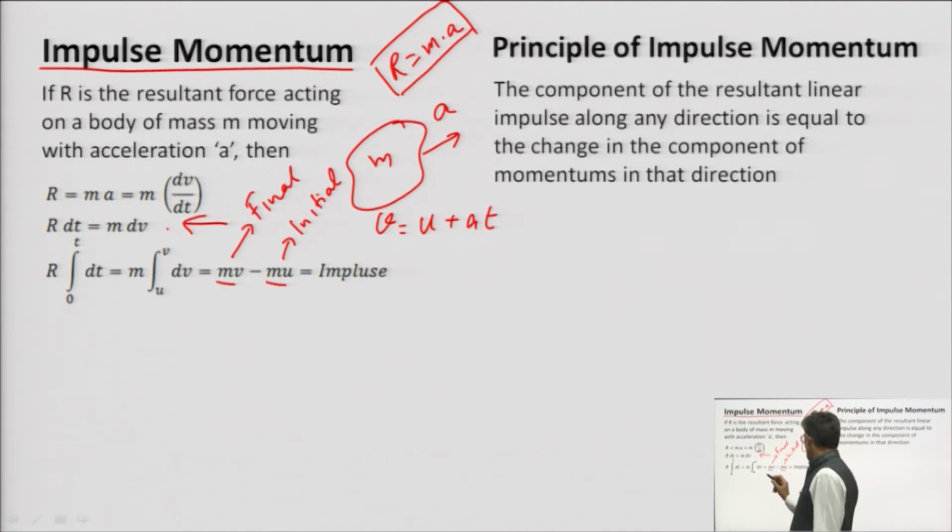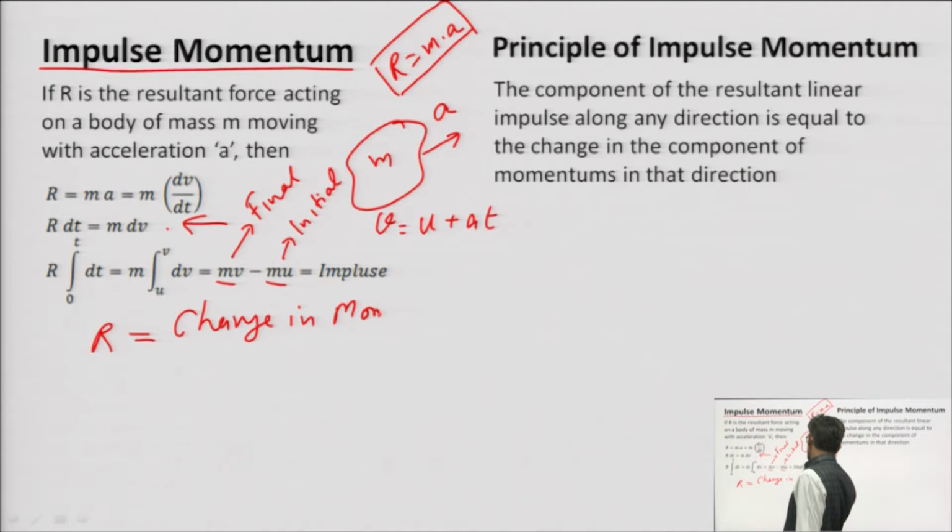Therefore, R can be written as the change in momentum divided by time, delta t.